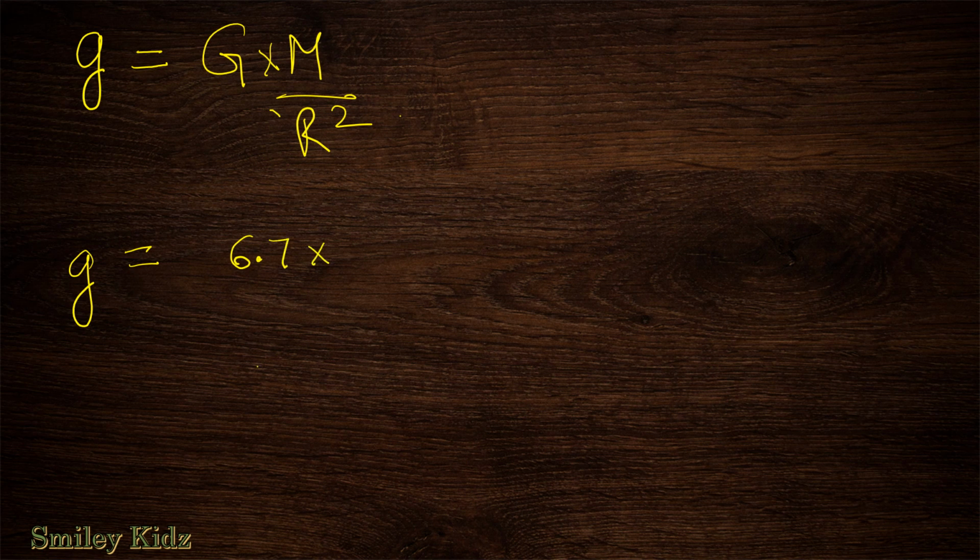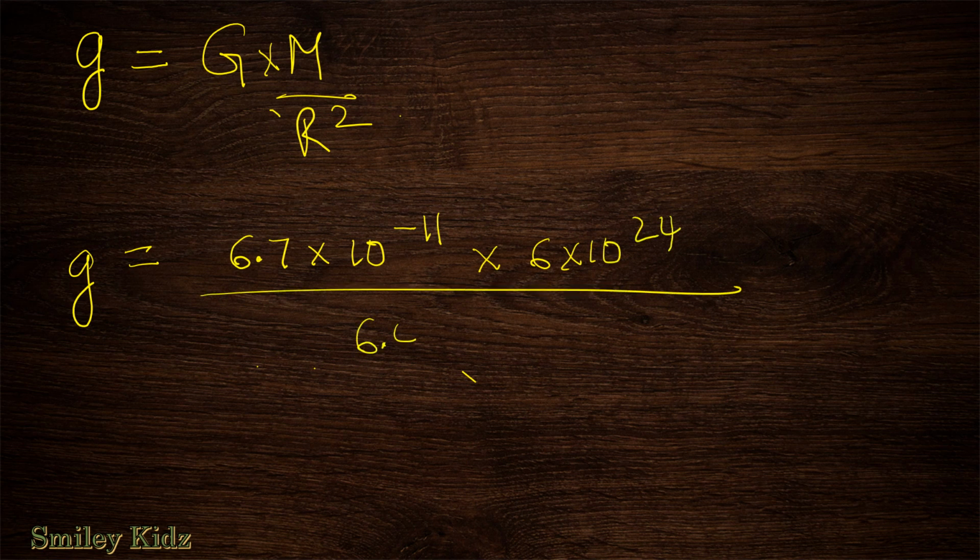We know that our formula is g is equal to capital G into M upon R square. Substitute the values of capital G, M and R. We arrive at an equation saying that g is equal to 6.7 into 10 to the power of minus 11 into 6 into 10 to the power of 24 upon 6.4 into 10 to the power of 6 whole square.